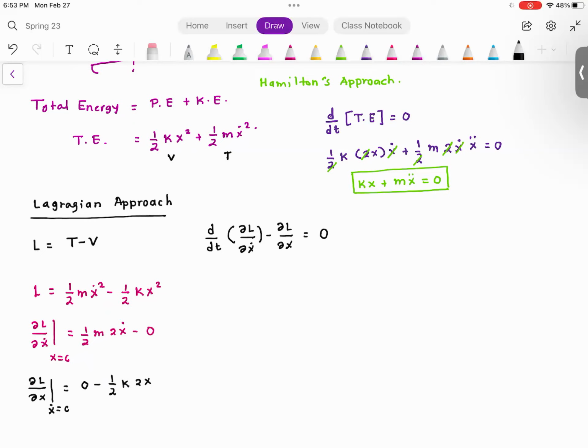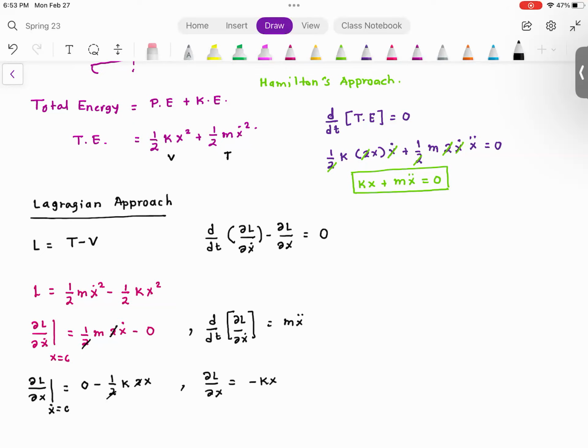Next, I do d by dt of partial L by partial x dot. Please note this 2 gets cancelled. Now I have m x dot, so this term becomes m x double dot. You agree with me? And this term, partial L by partial x, the half cancels and you get minus kx.